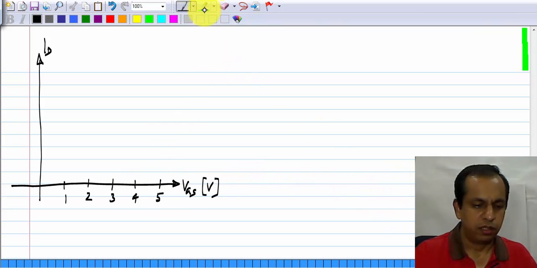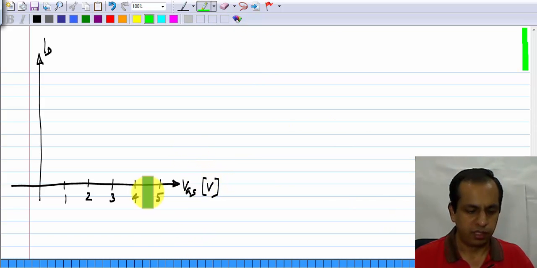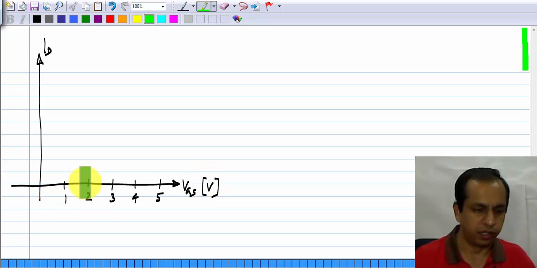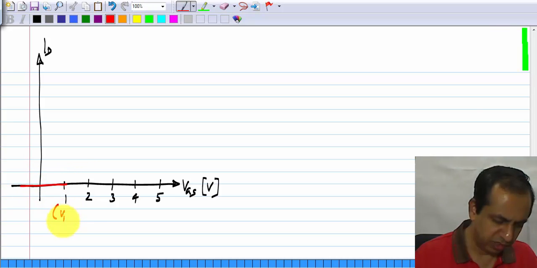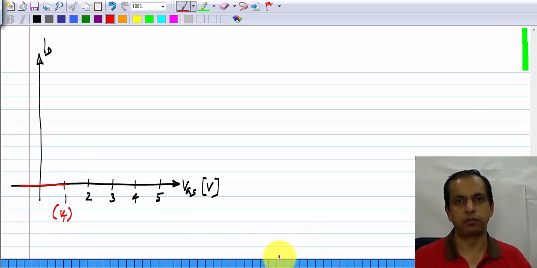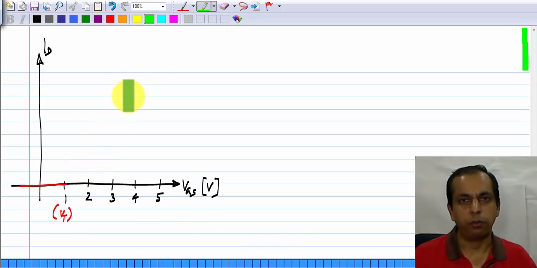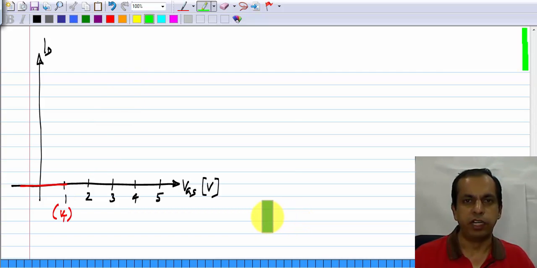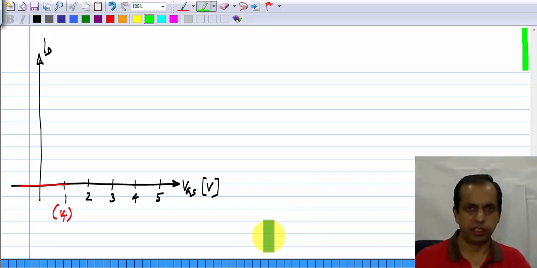Now we know that when the gate source voltage is smaller than the threshold voltage, which is 1 volt, the current is 0. So the current will be 0 up to this point. This is the threshold voltage, 1 volt. Beyond this, the current will depend on VDS also. But if VDS happens to be more than VGS minus VT, if the transistor is in the saturation region, then the curve is independent of VDS.